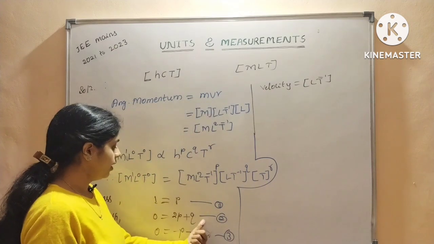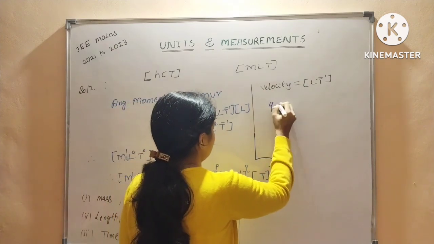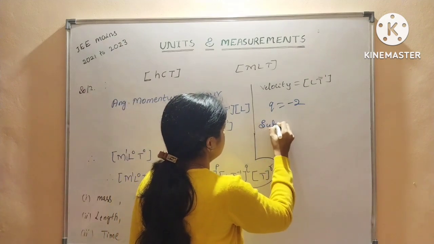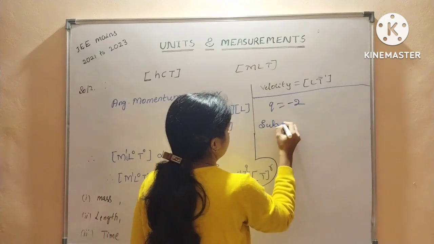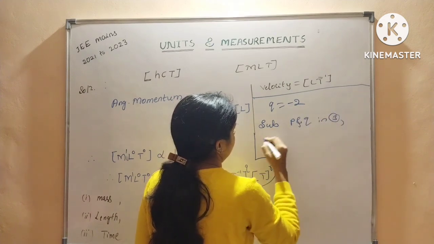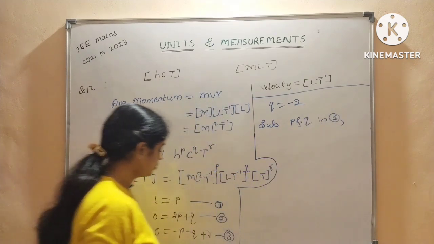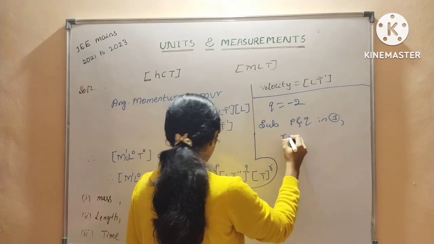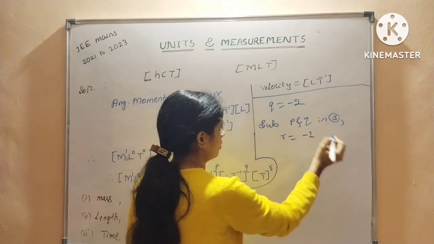Substitute value of p in equation 2, you will get q equal to minus 2. Then substitute p and q in equation 3, you will get r equal to minus 1.